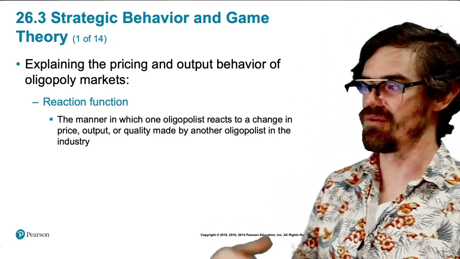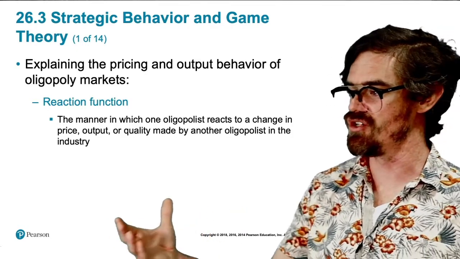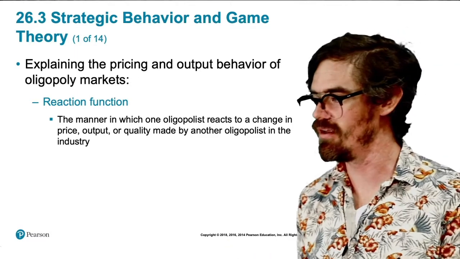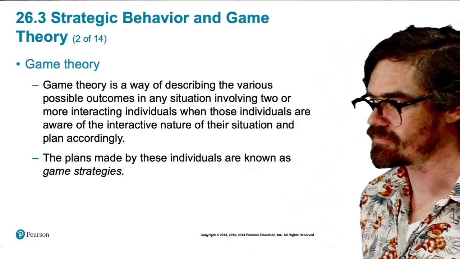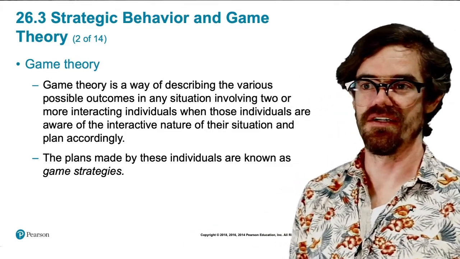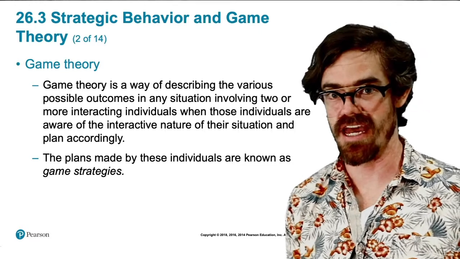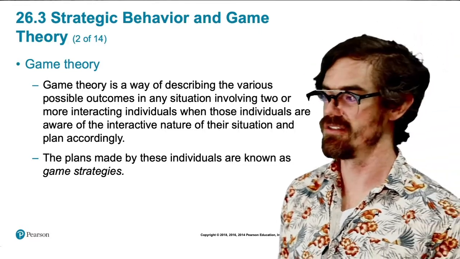Okay, so the reaction function is the manner in which one oligopolist reacts to a change in price, output, or quality made by some other oligopolist in the industry. And this is coming out of what's a branch of mathematics actually called game theory that is commonly used in economics.